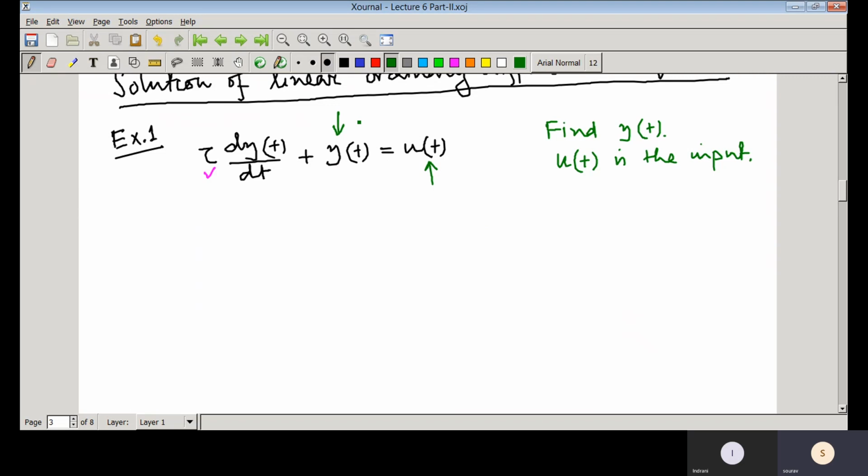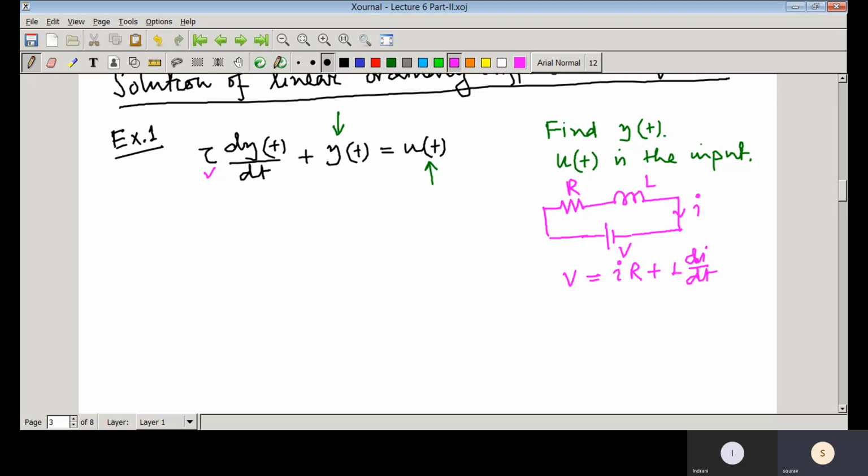For example, suppose you have one RL circuit. This is the voltage source, which you can take as a DC source, V, with R and L. Then if the current is i, V equals iR plus L di/dt.